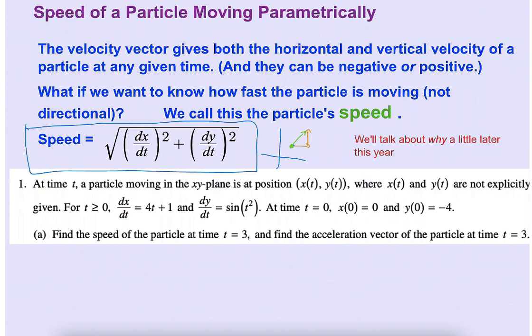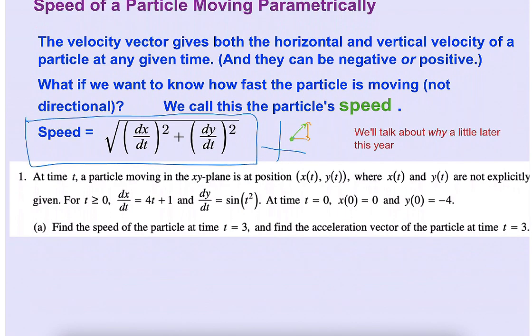So here's an example. We give you that at time t, a particle moving on the xy plane is at position x of t, y of t, where x of t and y of t are not explicitly given. I don't know what they are, but I do know that dx dt is 4t plus 1, and dy dt is sine of t squared. They also tell us some initial conditions, which is not useful for part A. That would be for other parts that come later in this question.